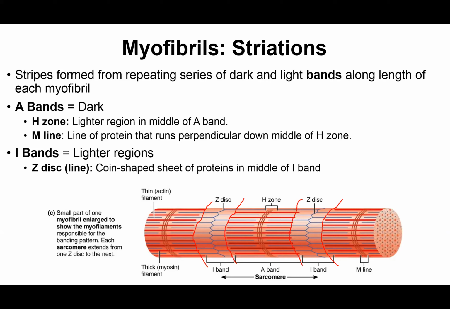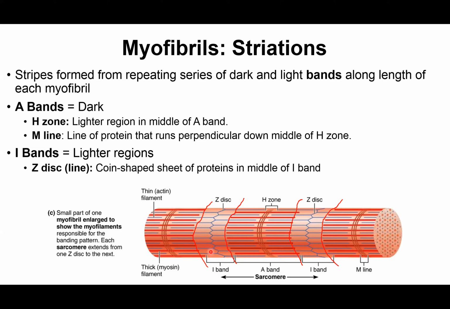Finally, we have I bands, and the I bands are the lighter regions, which you can see on the screen here. And the I bands have directly in the center of them the Z discs, also sometimes referred to as Z lines.